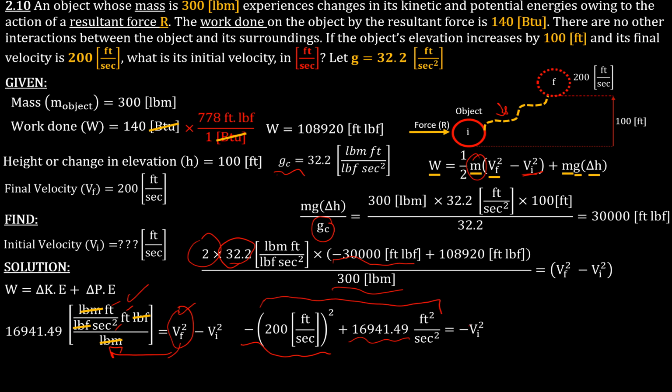So we will multiply both sides of the equation by negative and take the square root of both sides of the equation to get rid of the square, and we will have our initial velocity to be 151.85. I hope that you find these problems helpful, and stay tuned for more problems to come in thermodynamics.